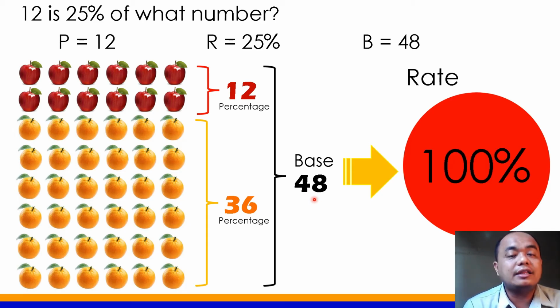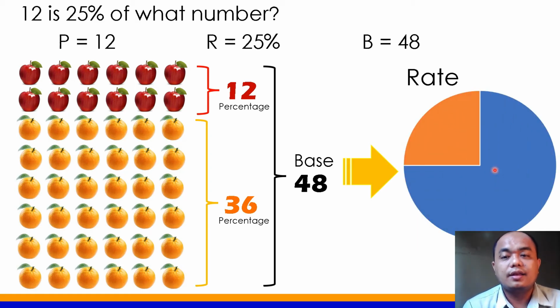Yan. Yung 48 na to class ay automatically 100% yan. Equivalent na yan. Pero, ilan ba yung percent? Yung 12 at saka yung 36. Okay? So, of course, hahatiin natin yung 100%. So, alam natin, okay, this one, of course, that represents 25%, no? Yung 12 na yan, okay, that's 25%.